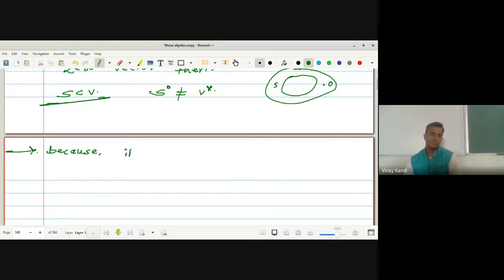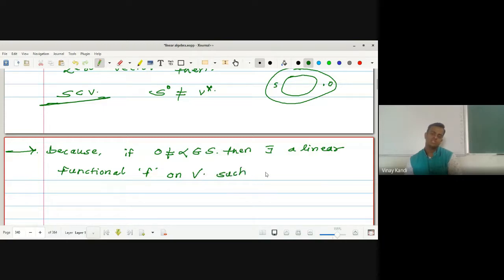If 0 not equal to alpha belongs to S, that is, a non-zero vector belongs to S, then there exists a linear functional small f on capital V such that f of alpha is not equal to 0.